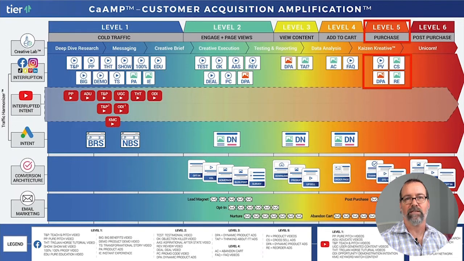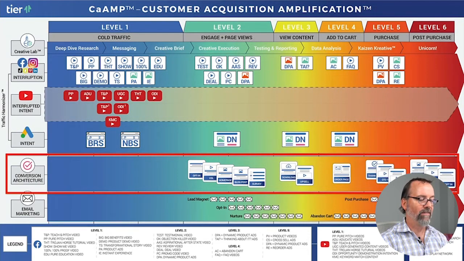This is especially effective there. So those are all the levels of traffic that we utilize in the Traffic Harmonizer, with the Traffic Harmonizer being sort of the unifying super system inside the customer acquisition amplification system.